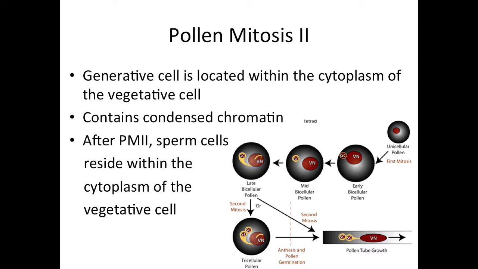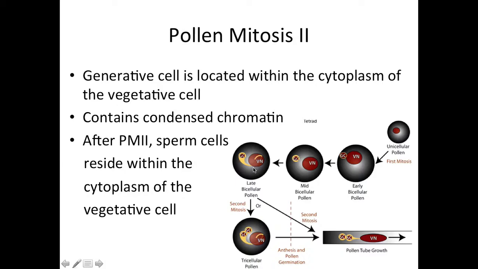It's really interesting because the generative cell maintains a cytoplasmic connection with the vegetative cell's nucleus. First there is a connection between the cytoplasms, and then later in the development of the pollen grain, that cytoplasmic connection joins to the nucleus of the vegetative cell.